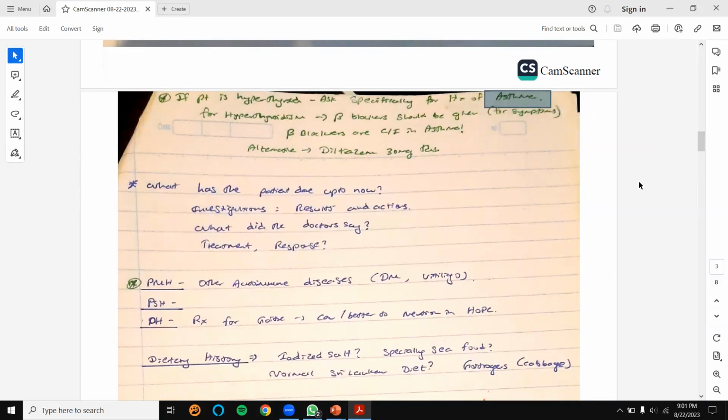Because for hyperthyroidism, the management, you have to give antithyroid drugs like carbimazole, and for the symptoms, you have to give a beta blocker, right? But you can't give a beta blocker if the patient is having asthma. Okay. The alternative is to give a calcium channel blocker like diltiazem.